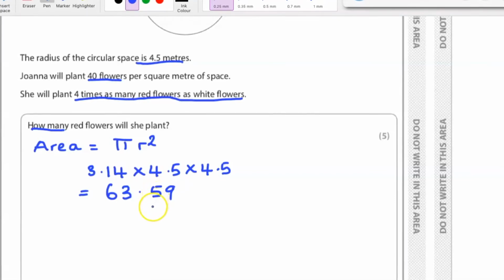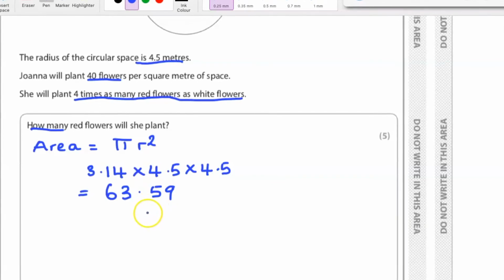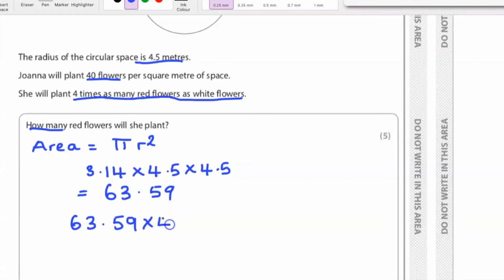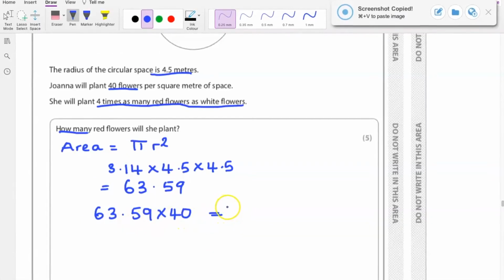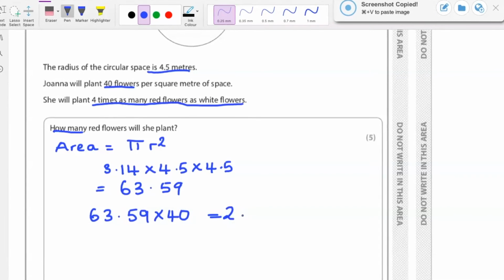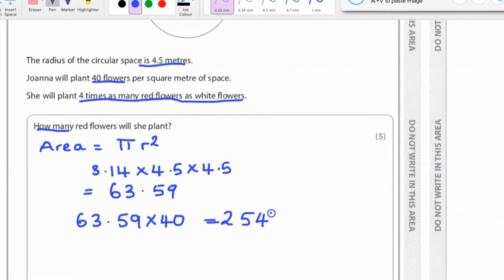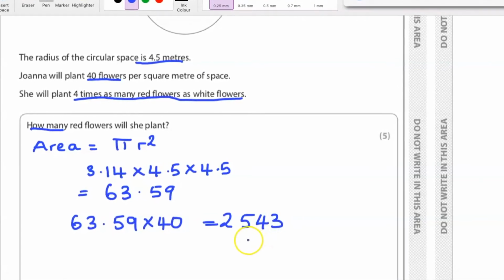From the question, Joanna will plant 40 flowers per square meter. Now we need to multiply 63.59 times 40 flowers. If you put this into your calculator, it will give you 2,543.